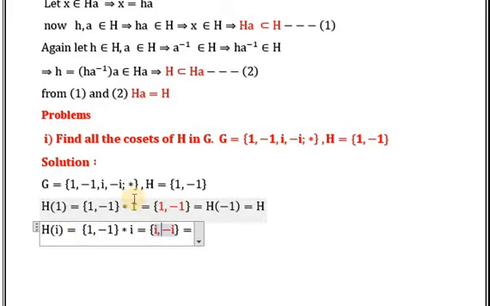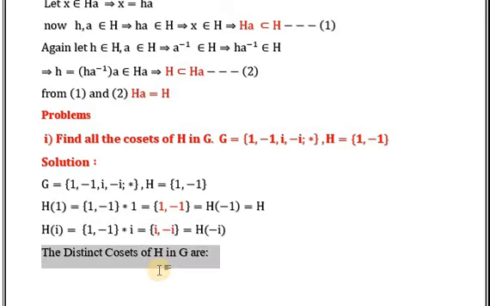Then go to the next element, minus i. When you operate it with H, let us see what we are getting. H of minus i is nothing but minus i into 1, which is minus i, and minus i into minus 1, which is i. So it is {i, minus i} itself.